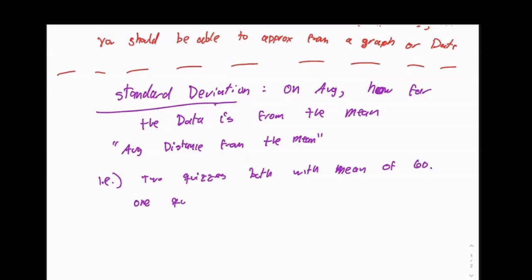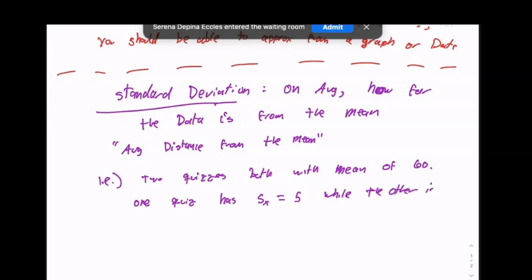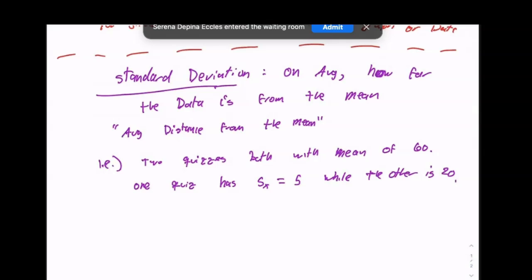One quiz has a standard deviation equal to 5, while the other is 20. Okay, so two quizzes, they both had the same mean. The average score on the quiz was a 60. So did the class perform the same on these quizzes?